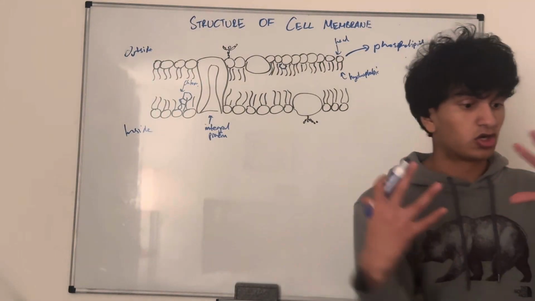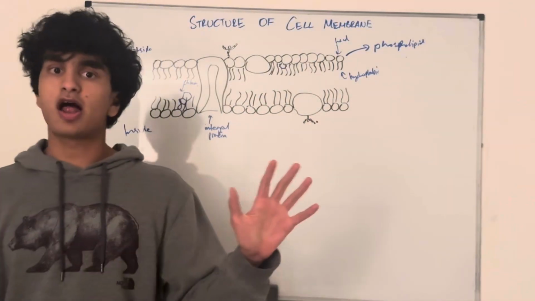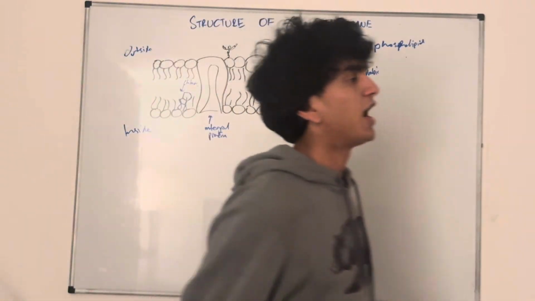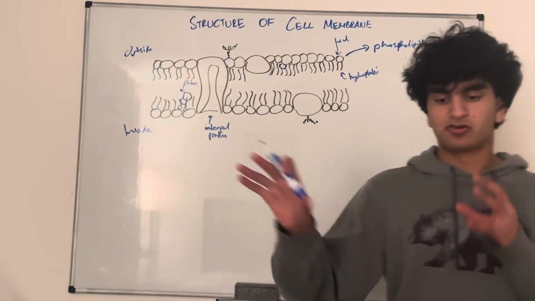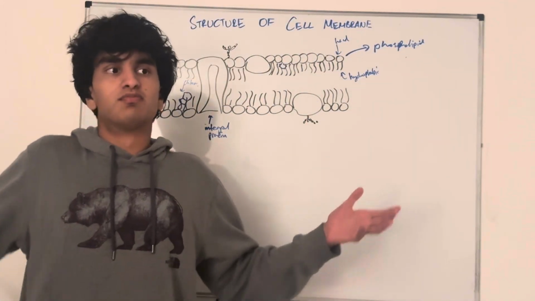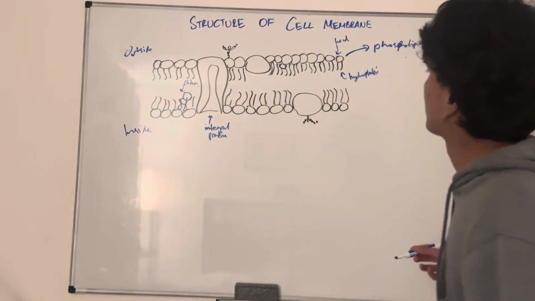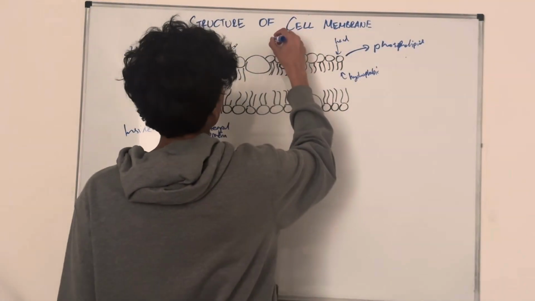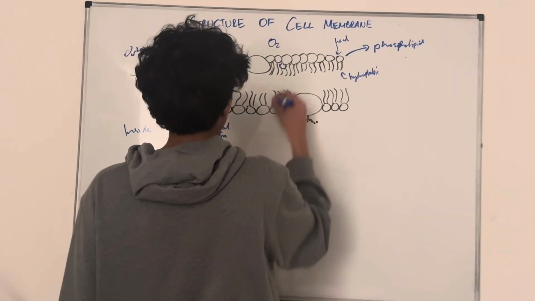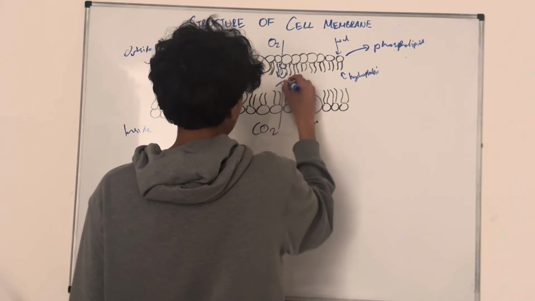Here's the deal. Oxygen and carbon dioxide, those are like the reactants and products. I don't really fully understand cellular respiration and all that just yet, but they're involved in breathing and cellular respiration. So it would make sense that oxygen and carbon dioxide can pretty freely pass through this bilayer, right?